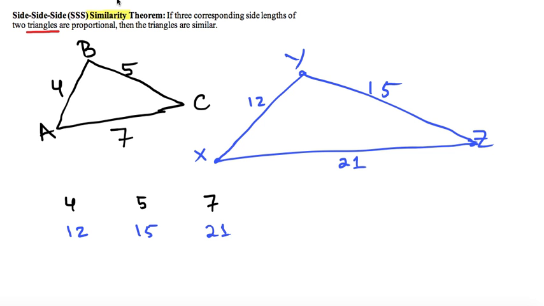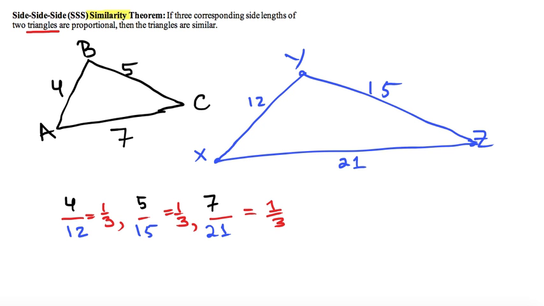Now, if we compare these proportions, 4 over 12 is equal to 1/3. 5 over 15 is also equal to 1/3. And 7 over 21, coincidentally, is also equal to 1/3.